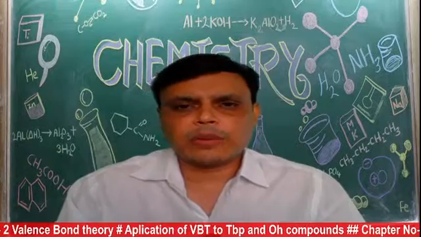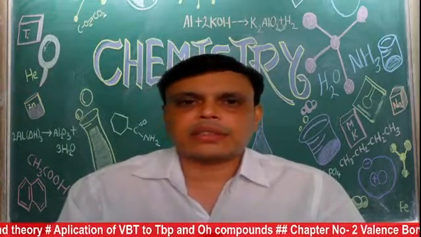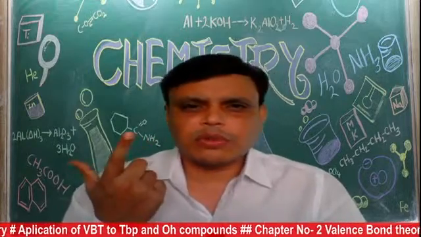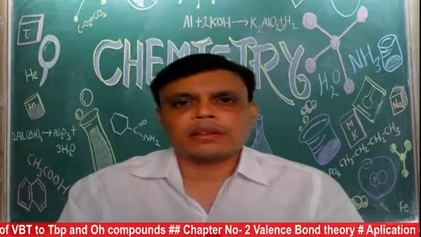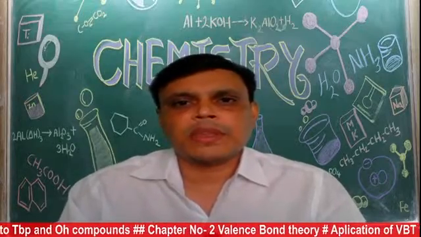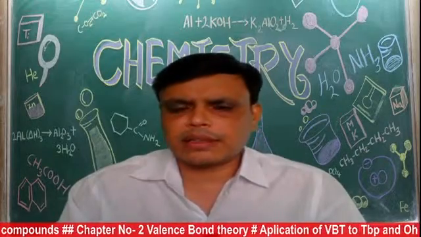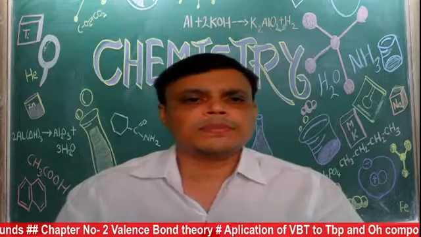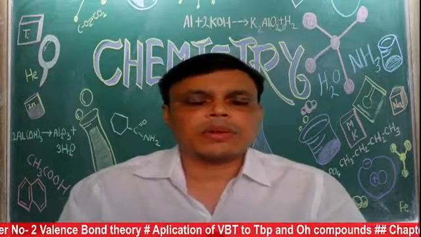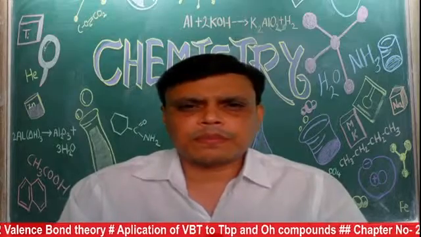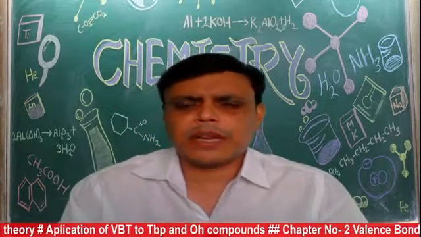In the d orbital, maybe dz2 will be involved in bonding. There is only one s orbital, which is spherical in shape, and 3 p orbitals, that means px, py and pz. So today we will see some examples of dsp3 hybridization, that is trigonal bipyramidal complexes.